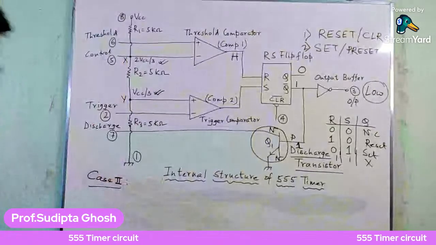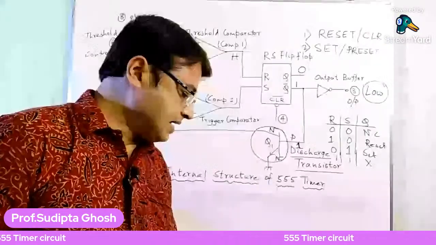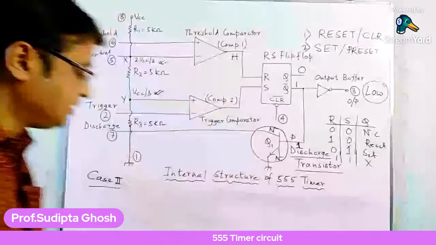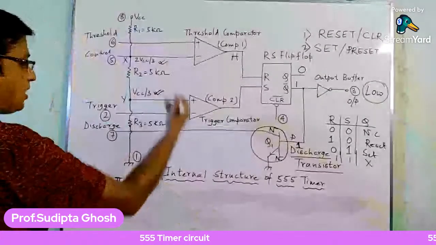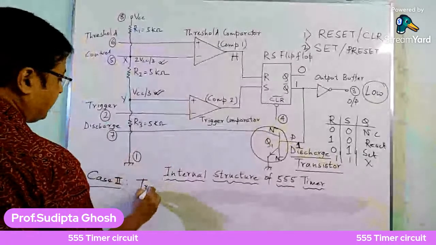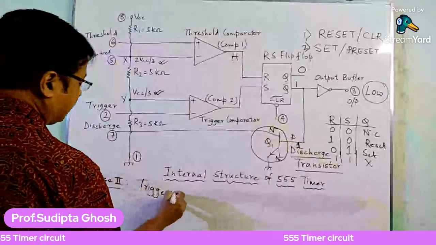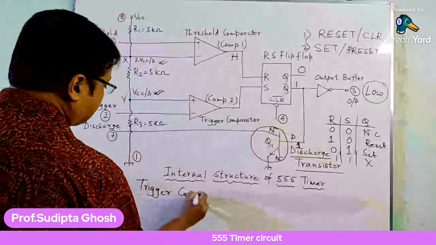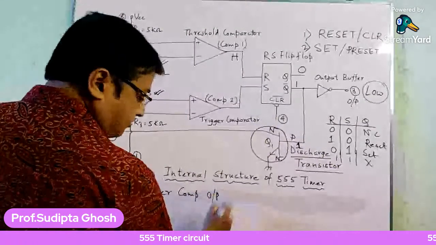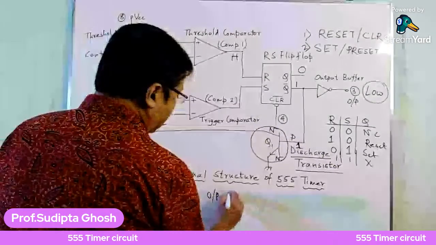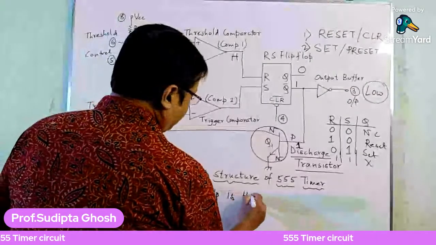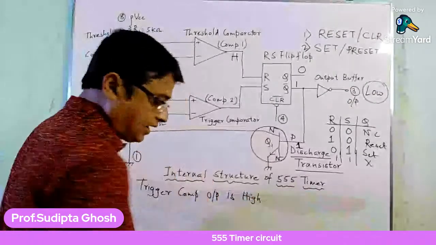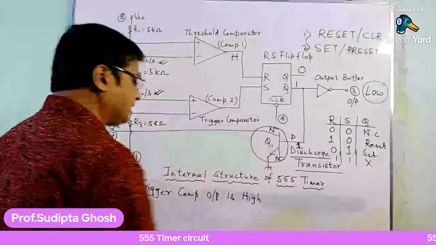Case number 2 actually tells us about when the trigger comparator output is high. And when does it happen?